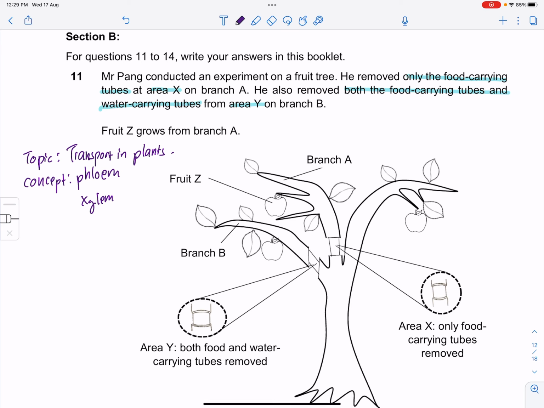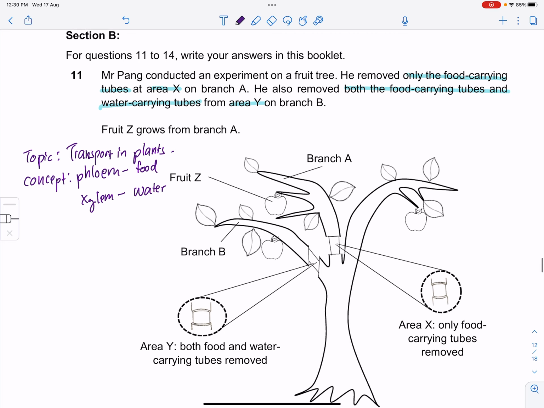So phloem is your food carrying tube and xylem would be your water carrying tube. We will be using phloem and xylem in this case because it's a lot shorter and it's a more advanced form of the word. But in exam, take note that it's perfectly fine to use water carrying and food carrying tubes.